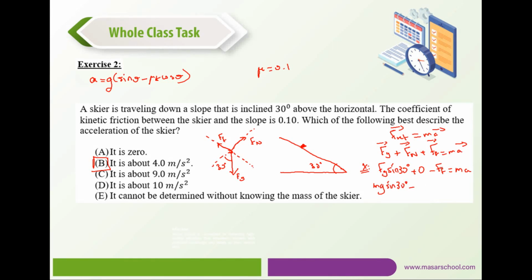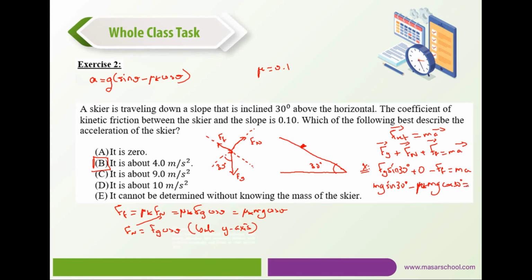Now what about the force of friction? It is unknown, but we know that it's related to mu k Fn. And remember that Fn would be given by Fg cosine theta, because they are balanced forces along the y direction. Replacing this here, that would be mu k Fg cosine theta, which is basically mu k mg cosine 30 degrees, given by ma.